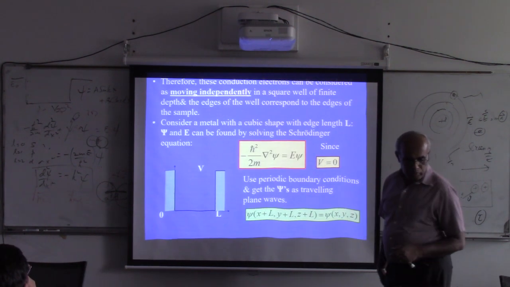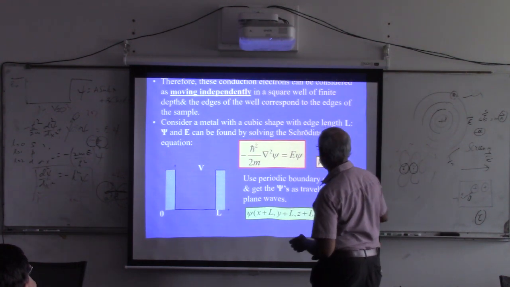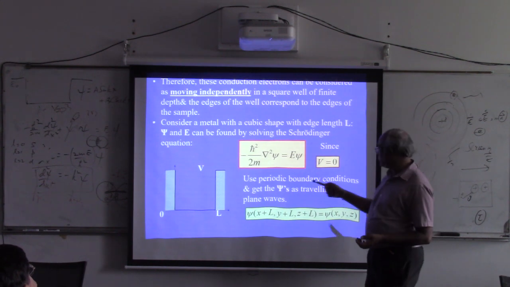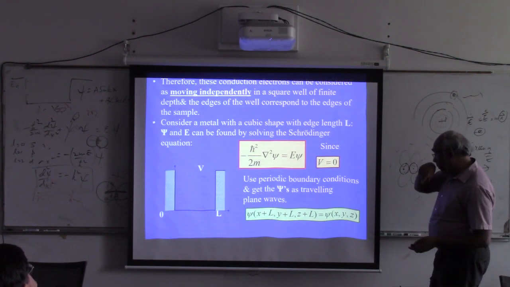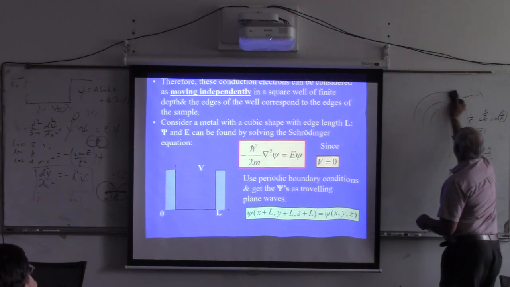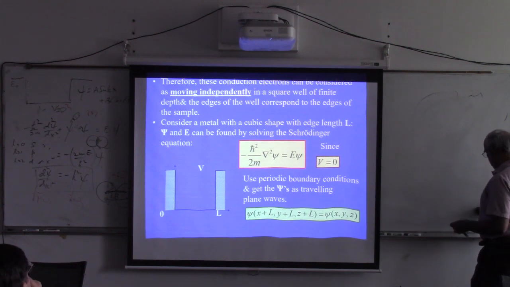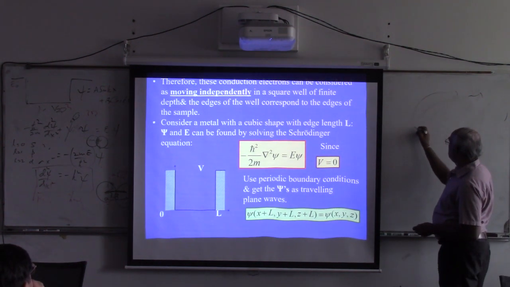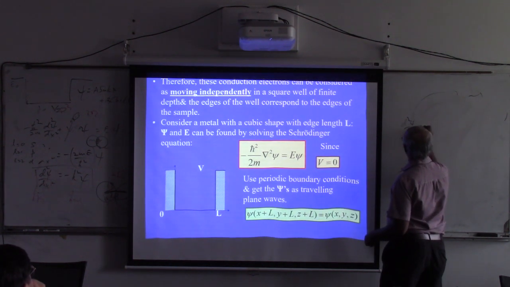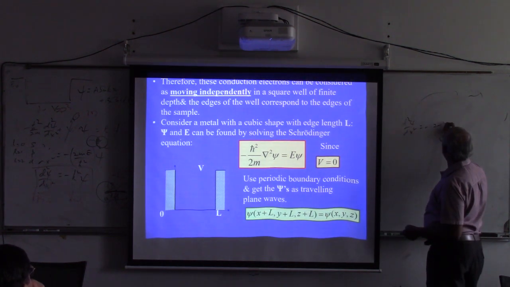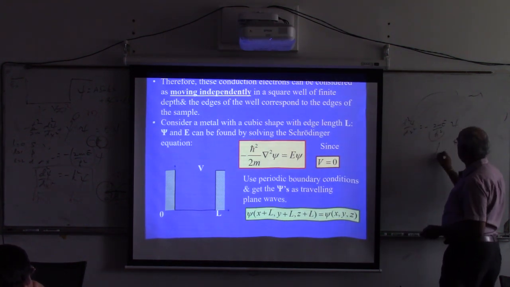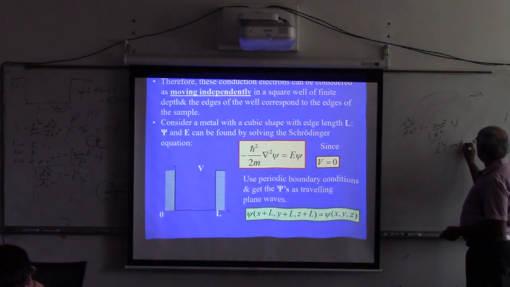Okay, so now if you consider this model, we can easily solve the Schrodinger equation. How you solve it is pretty straightforward. If you apply the boundary conditions, we can write d squared psi over dx squared equals minus 2mE over h bar squared times psi. Then we call k squared equals 2mE over h bar squared.